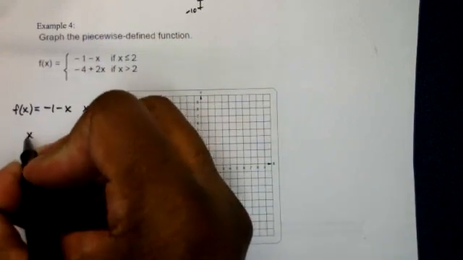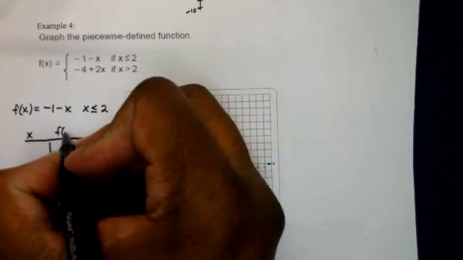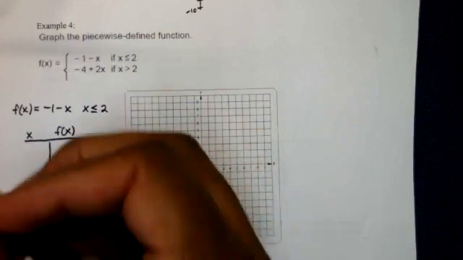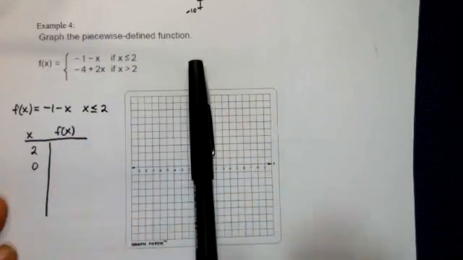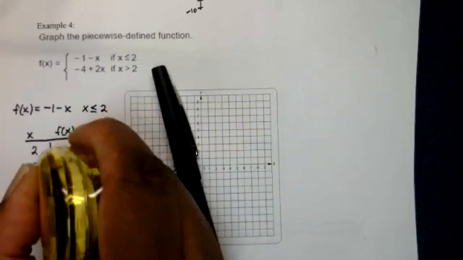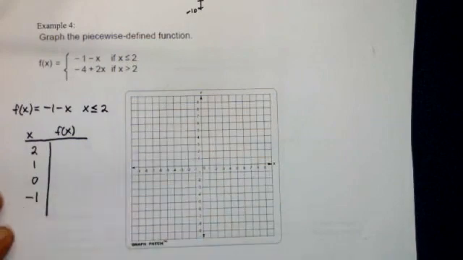And let's use a table of values here. We're going to select values that are less than or equal to 2, such as 2, 1, and then 0, negative 1.